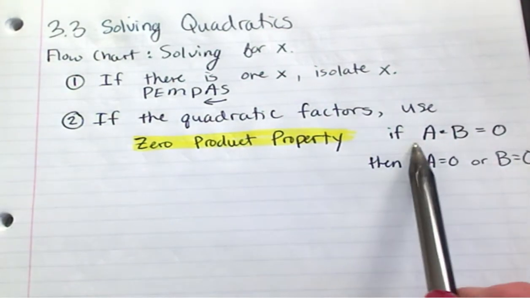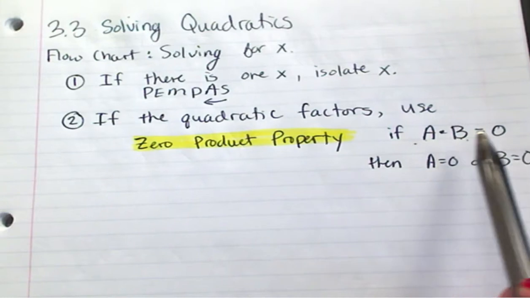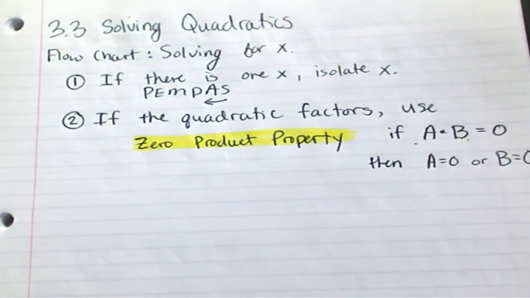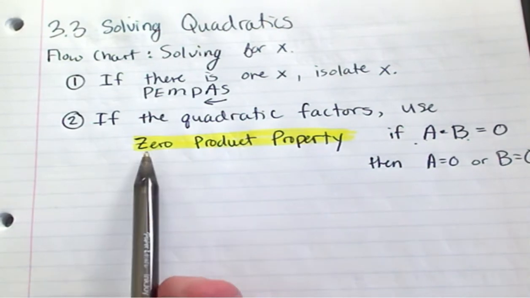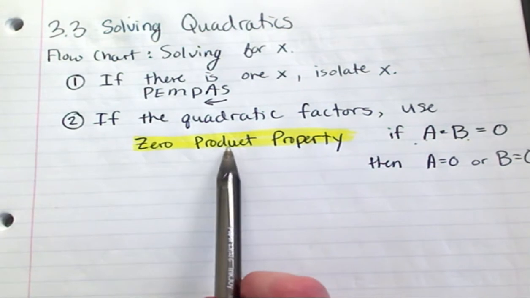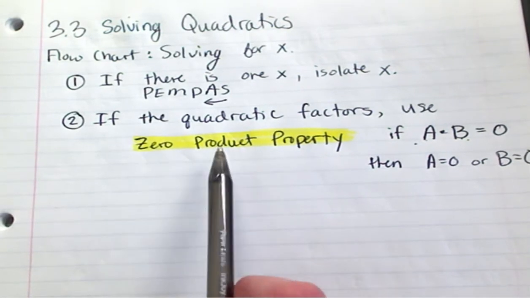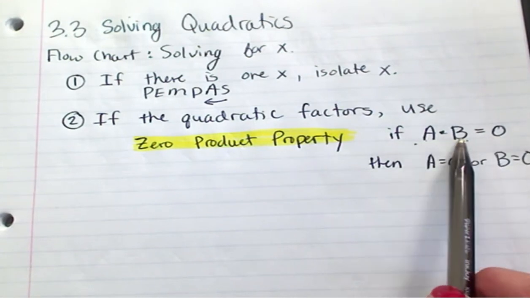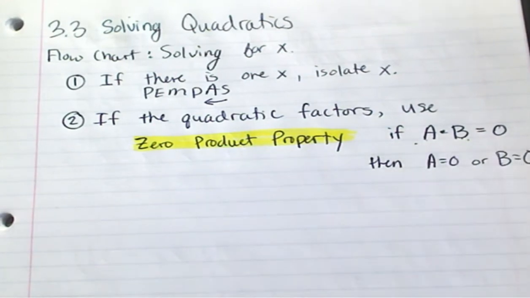If I'm going to multiply two things together and the outcome is 0, one of those two things has to be 0. It's like the multiplicative identity. You multiply by 1, okay? This is the 0 multiply product, right? What happens when you multiply by 0? You get 0. So either A or B has to be 0, okay?